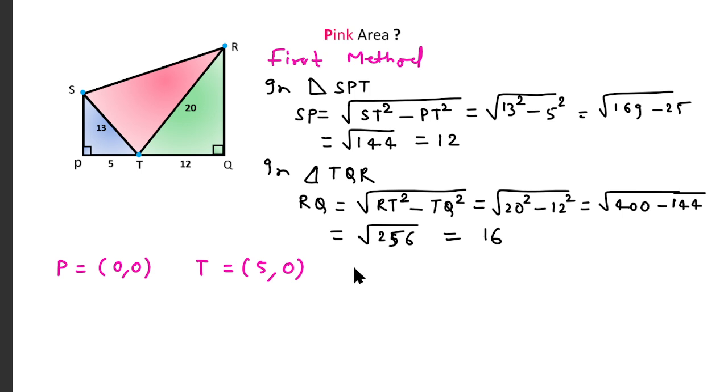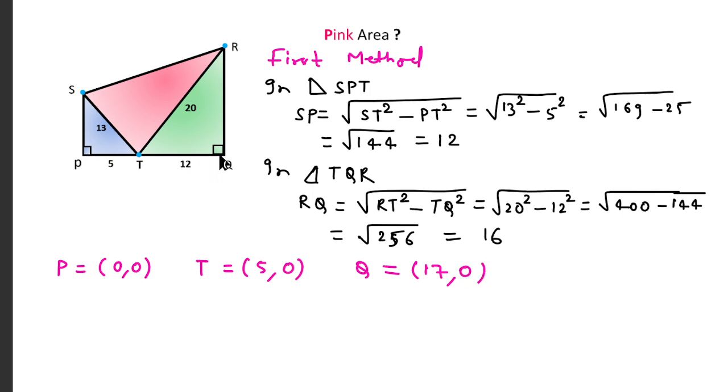Same if we see Q coordinates, Q x coordinate is the distance of PQ from the origin, that is 5 plus 12, that is 17, and y coordinate will be 0 because Q lies on the x-axis.